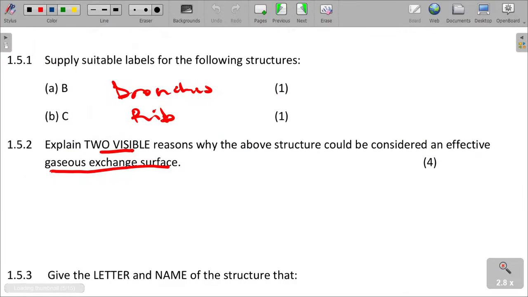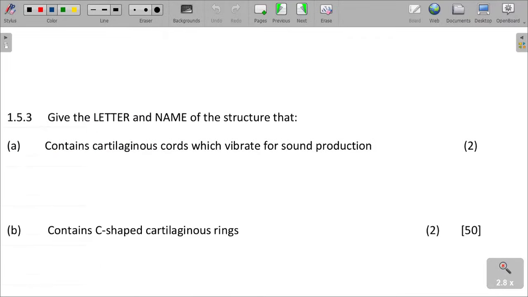And then give a letter and name of the structure that contains the cartilaginous cords, which vibrate for sound production. I always want you to take note that we have 1, the letter, and 2, the name. So we have two questions here.